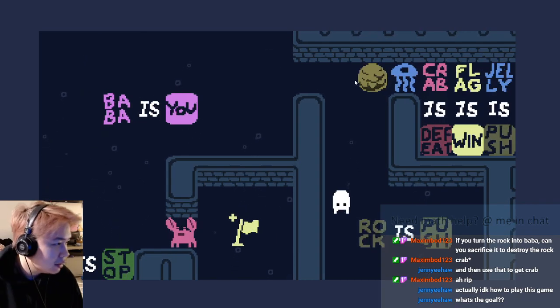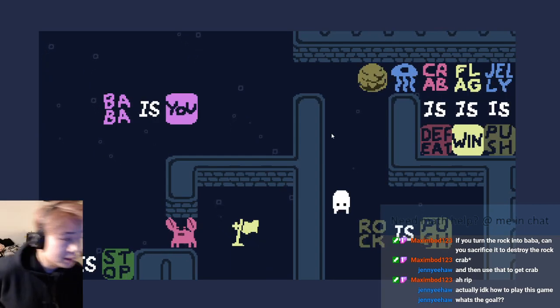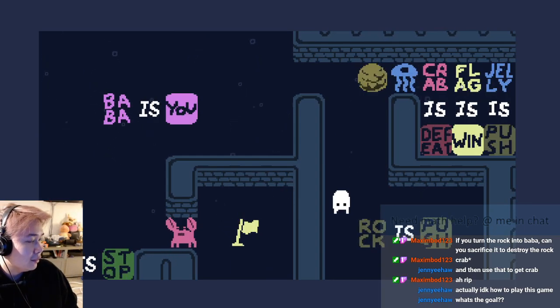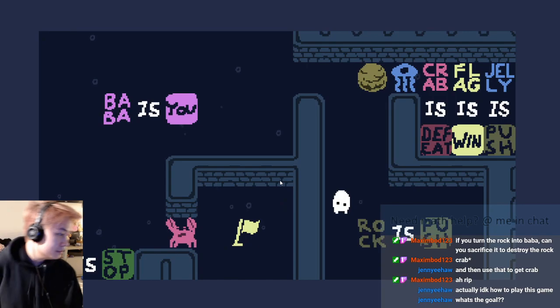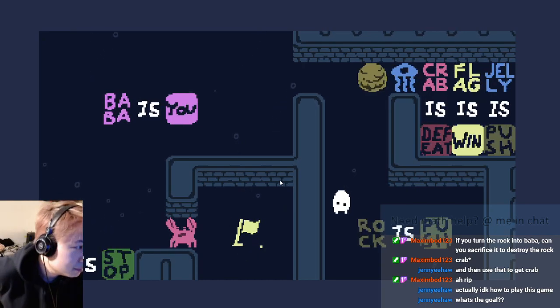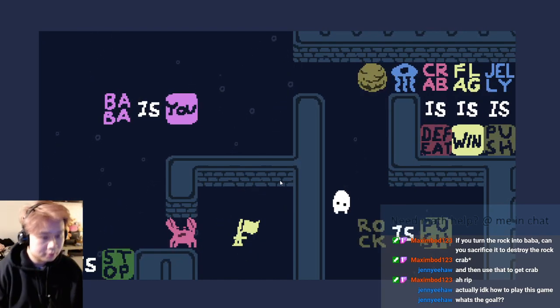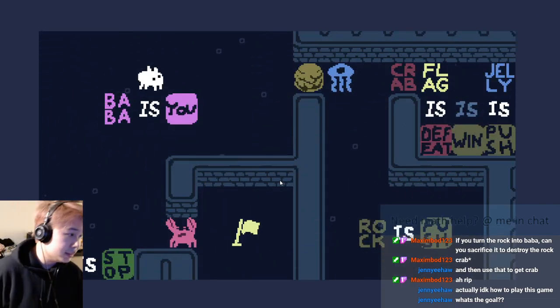What's the goal? The goal is to get to win, whatever it is. Right now the flag is win, so I need to touch the flag. The issue is the crab is defeat, so the crab is blocking the way. And then this is what the starting stage looks like.